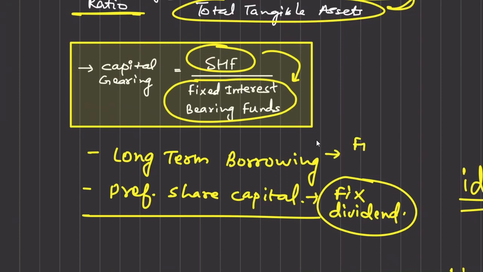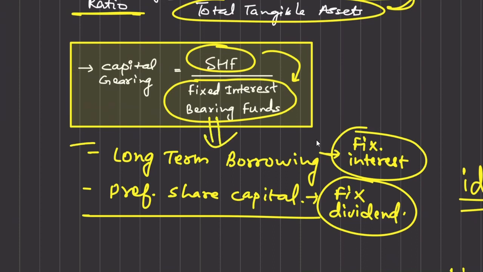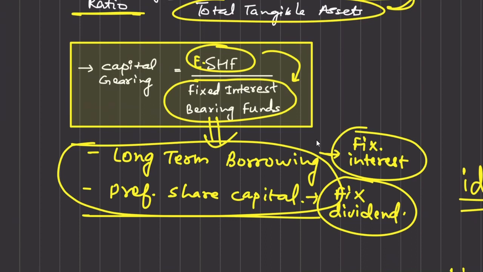And here you have to pay fixed interest. So you cannot avoid this expenditure. So your fixed interest bearing fund would include your long-term borrowings as well as preference share capital. So then what does this shareholder fund mean? This means your equity shareholders fund.